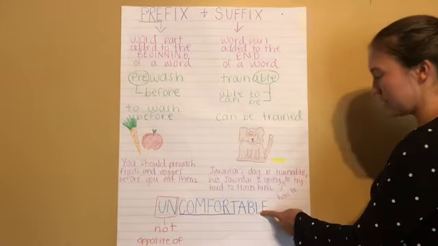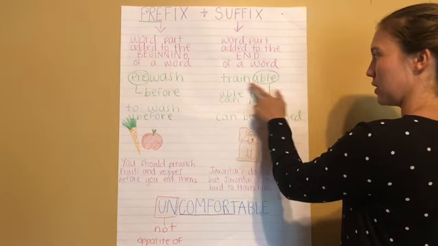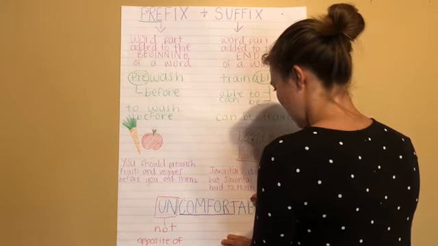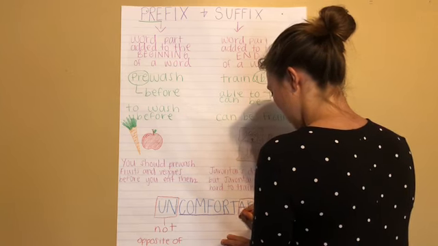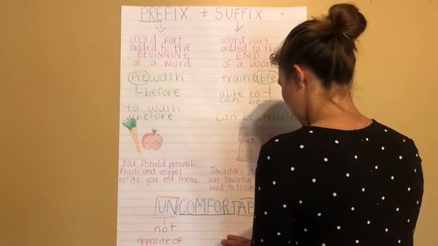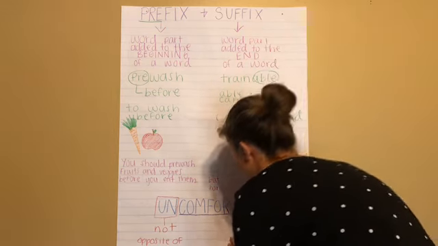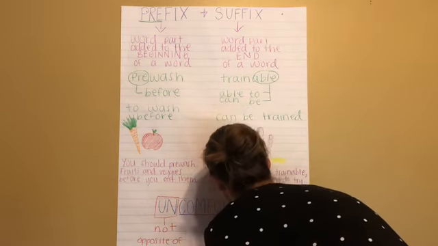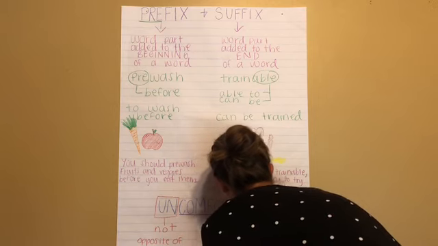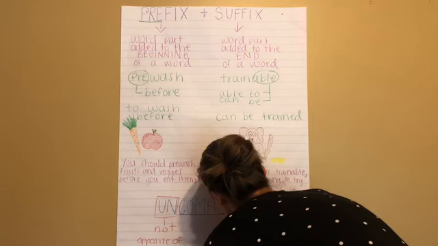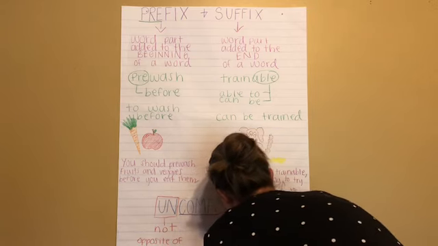Now over here we have the same able that we practiced with trainable. So we have can be or able to.